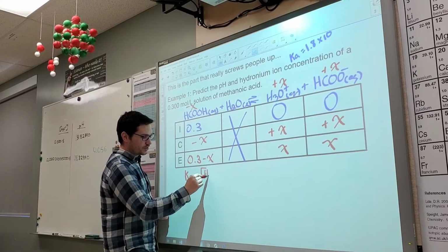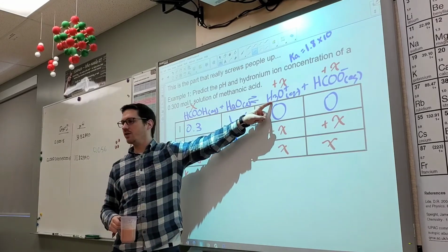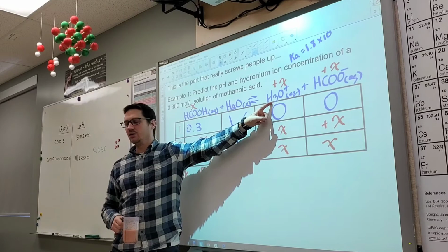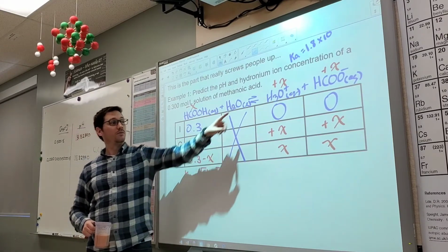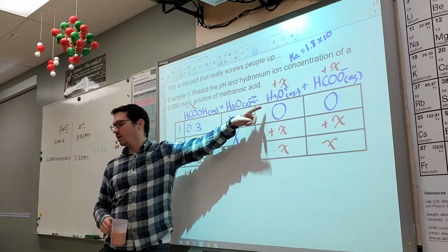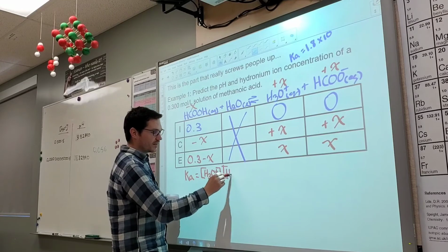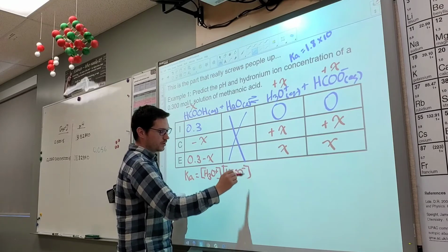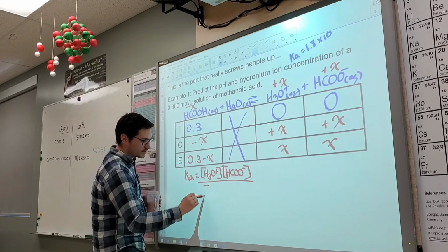So H3O plus, what's H3O plus raised to the power of? What's in front of it? 1. Okay, all right. And then methanoate raised to the power 1 divided by our methanoic acid.